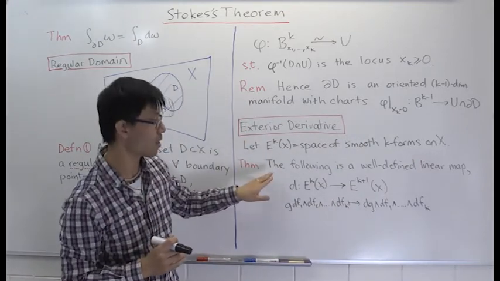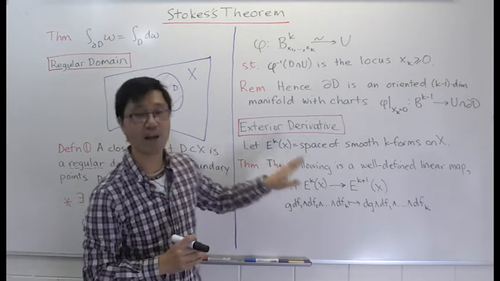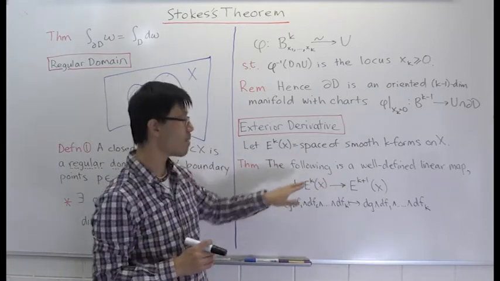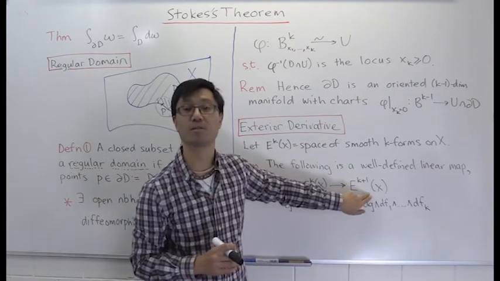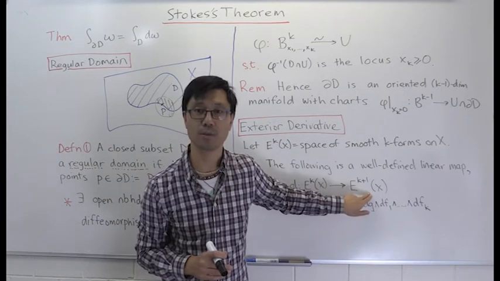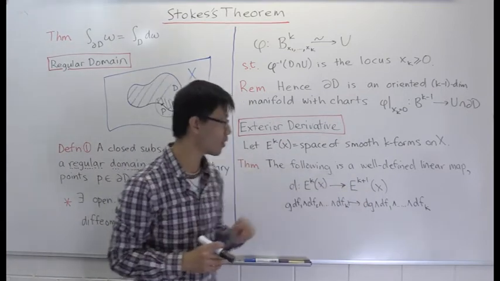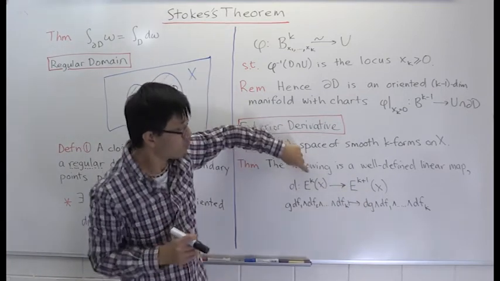I won't prove this theorem. We actually have a well-defined linear map from E^k(X), the space of smooth k-forms, to the space of smooth (k+1)-forms. And it's going to be like a differentiation. So remember, what is a smooth k-form?